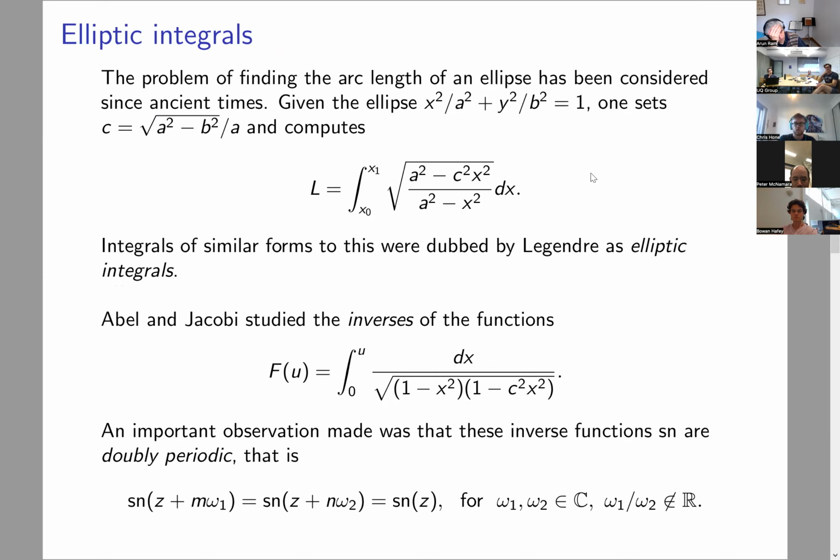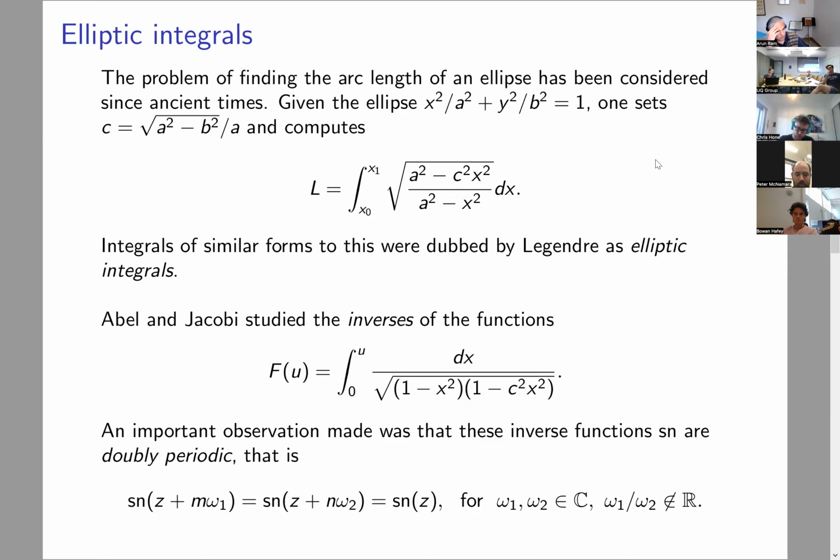The way it worked is that if you start with an ellipse, say the equation is x squared over a squared plus y squared over b squared equals 1, then you introduce some quantity c that you calculate from a and b, and you can calculate that the arc length between two x coordinates, x0 and x1, say on the upper half of the ellipse, is given by this formula.